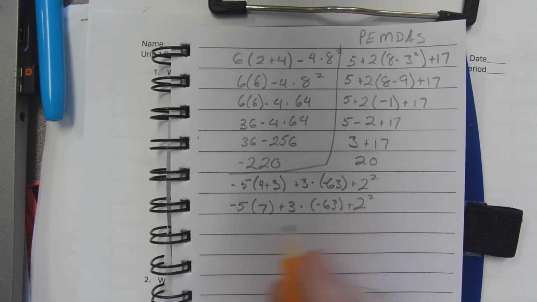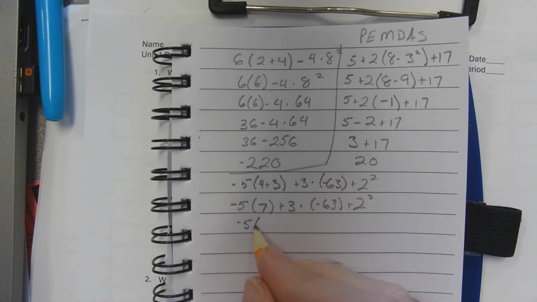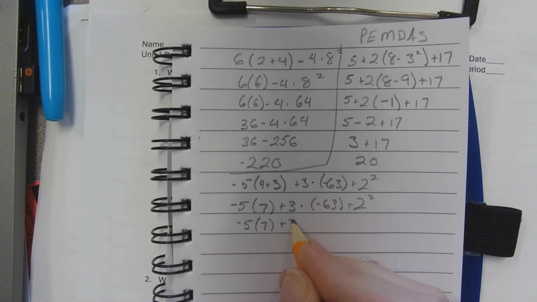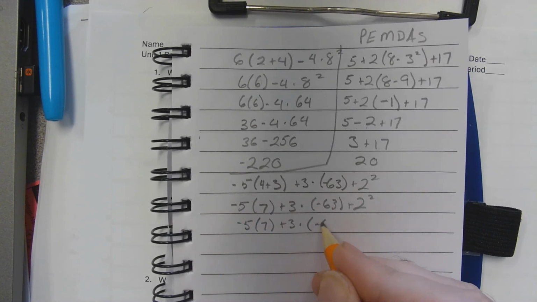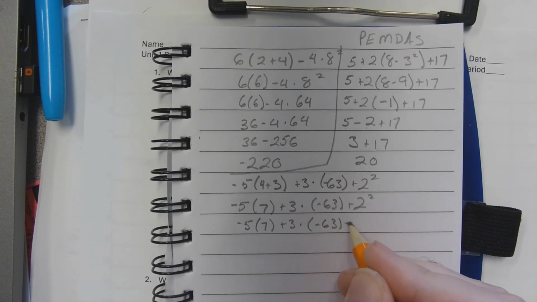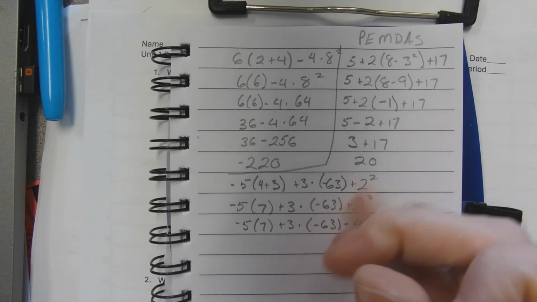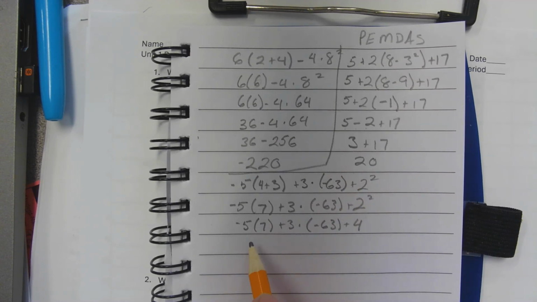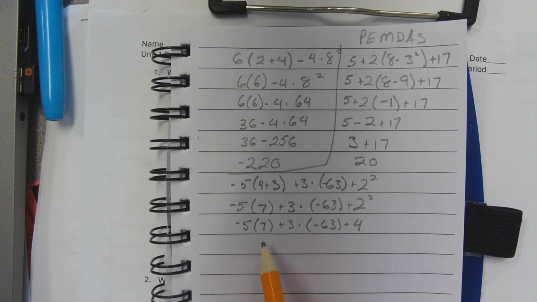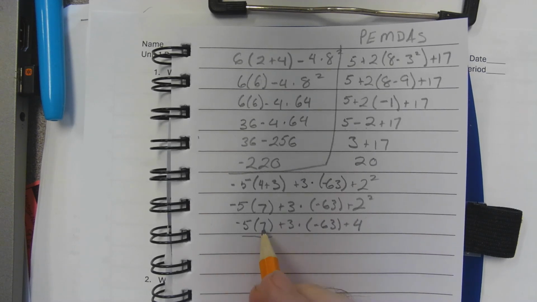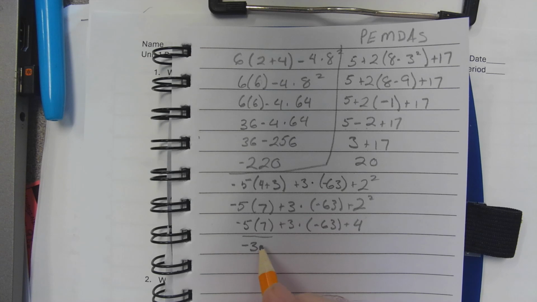Okay, exponents next. Two squared is 4. And then we multiply and divide from left to right. So multiply. Negative 5 times 7 is negative 35.